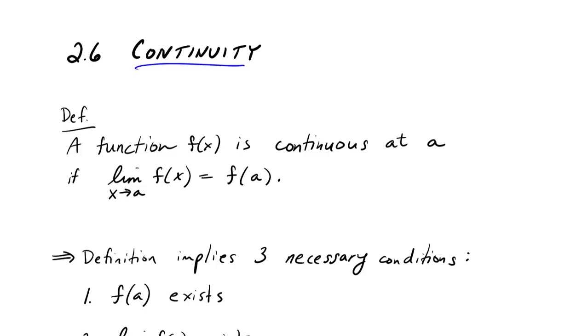So a very concise definition of continuity, in fact, this is really the definition of continuous at a point, says a function f of x is continuous at a if the limit as x approaches a of f of x equals f of a.